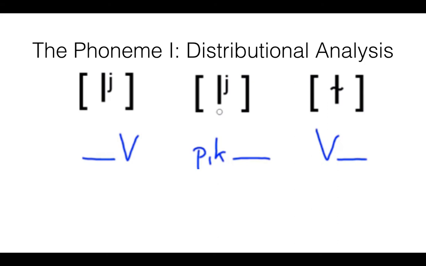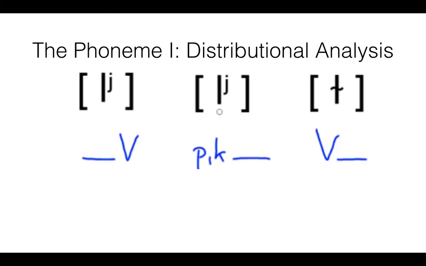So this sound occurs only before vowels. You can't have it in another context. Okay? This is distributional analysis. You look at the sound, how it is used in words. It is used only before vowels, not anywhere else.